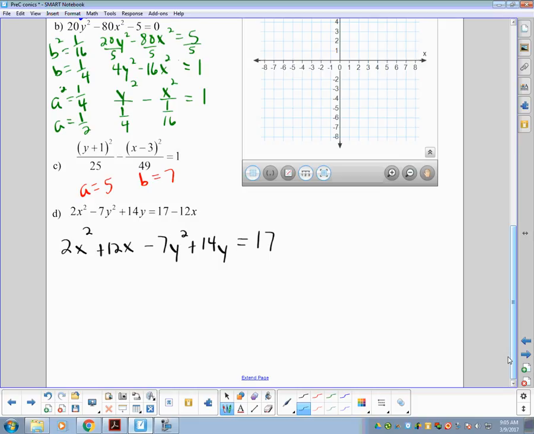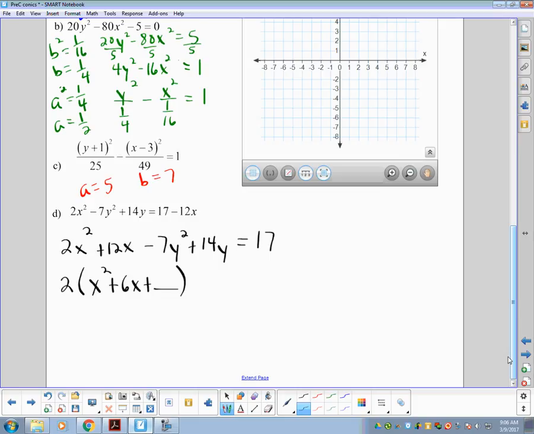So before you can complete the square, you need a coefficient of 1 in front of the x squared and y squared. Do you remember that? Does that ring a bell? You need to have a 1 in front. So I'm going to factor out a 2 here. I'm left with x squared plus 6x plus something. That one's not a problem. It's kind of like the ellipse.